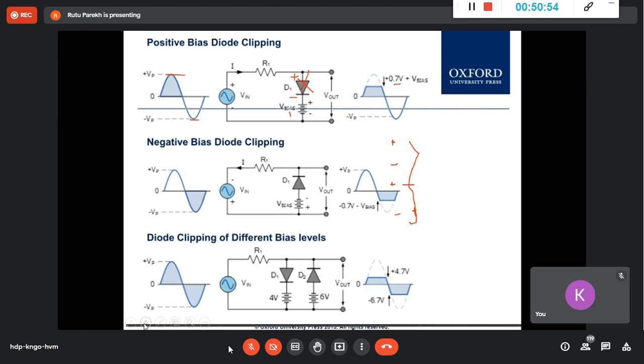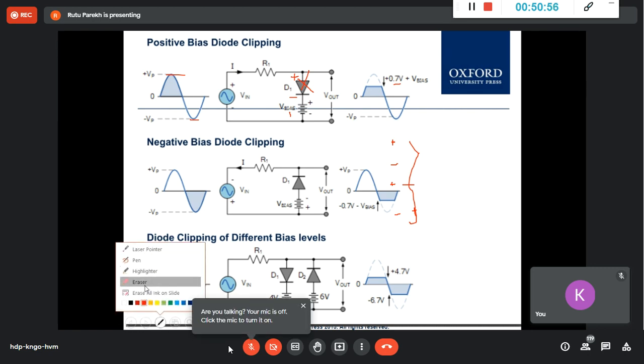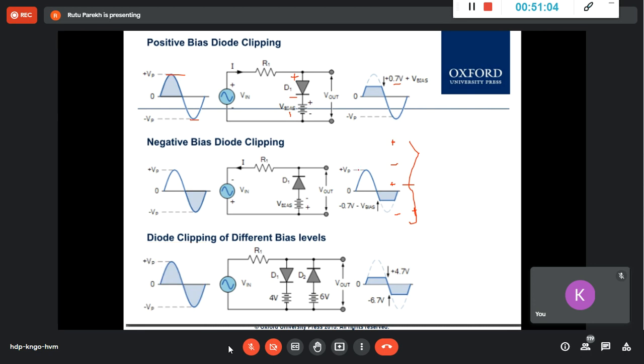So this is plus, this is minus. Let me cut this. Yeah, so for the positive half, it is plus minus. Okay, and this is 1 volt here. So now only this circuit will work. This will be only shorted.